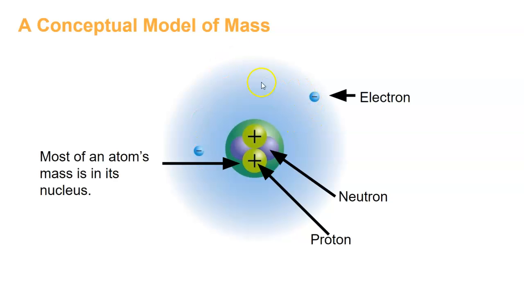Electrons, which circle around in orbitals. Protons and neutrons, which are right in the nucleus. What's relevant to us here is that the atom's mass is in the nucleus. Electrons do not have a lot of mass. Most of the mass of an atom is inside the nucleus. So that's the idea here.